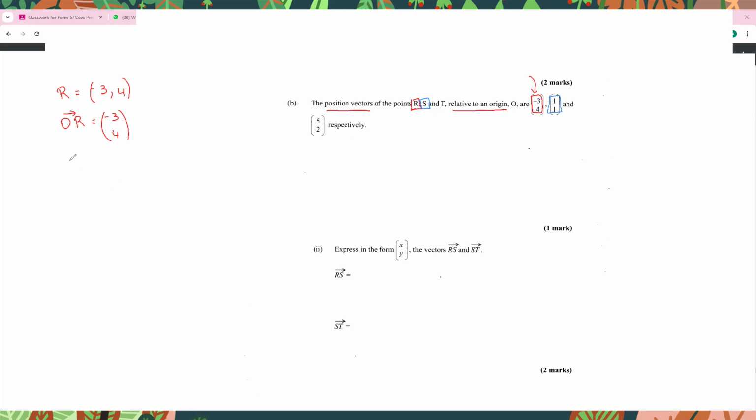So that means the position vector of S, OS, would be 1, 1. Right? So they gave it to us. And the third one, T, they gave us as 5, -2. So the position of T is actually 5, -2.